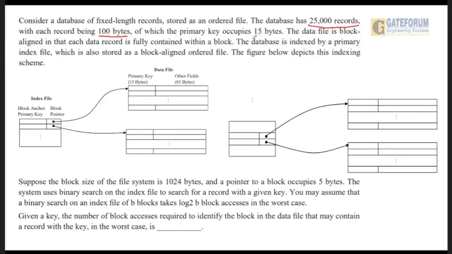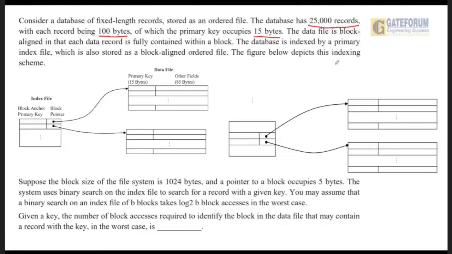Okay. Whenever we do indexing, what do we use? The key value. So that key occupies 15 bytes. The data file is block aligned in that each data record is fully contained within a block. The database is indexed by a primary index file, which is also stored as a block aligned ordered file.